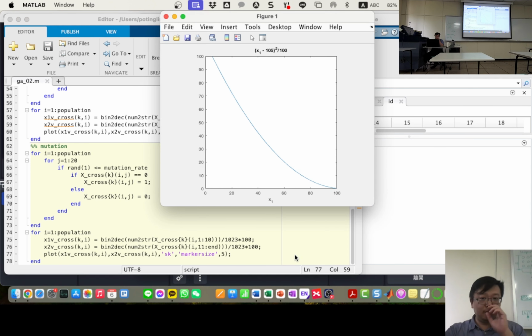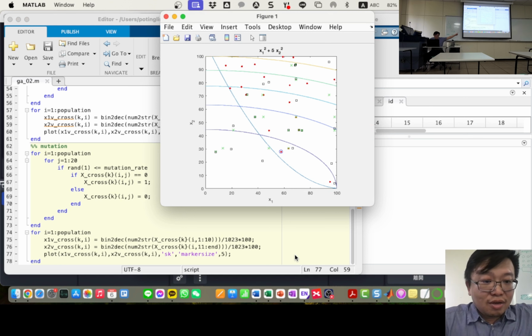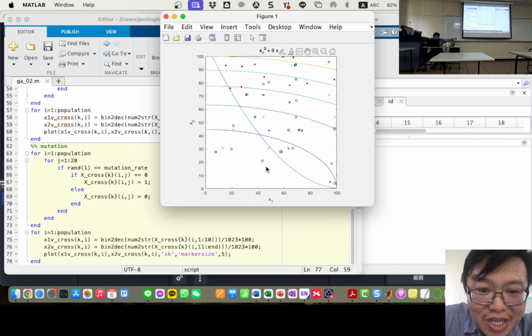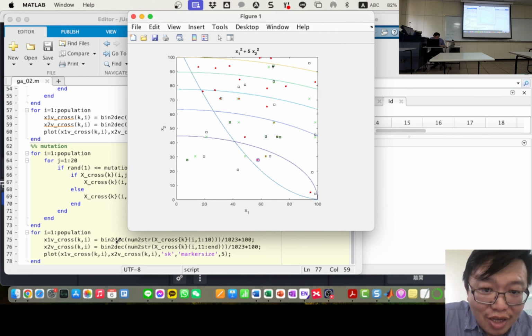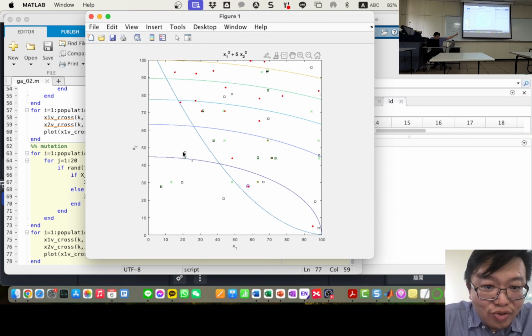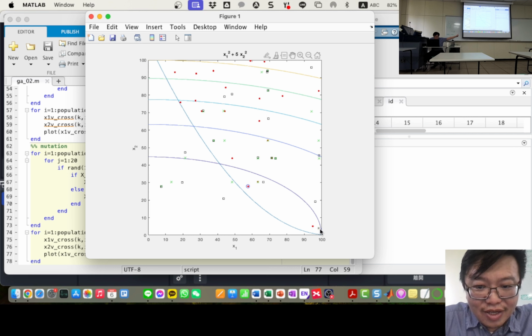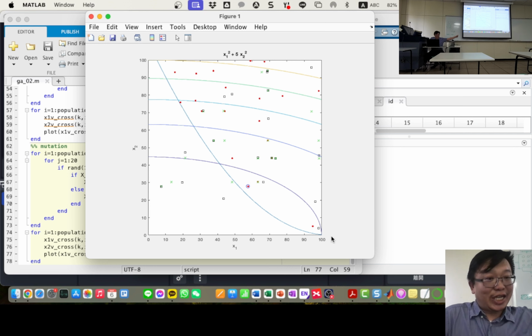Okay, let's have a look. Okay, a lot of mutation. Many mutation. Let me see. 1, 2, 3, 4, 5, 6, 7, 8, 9 mutating.